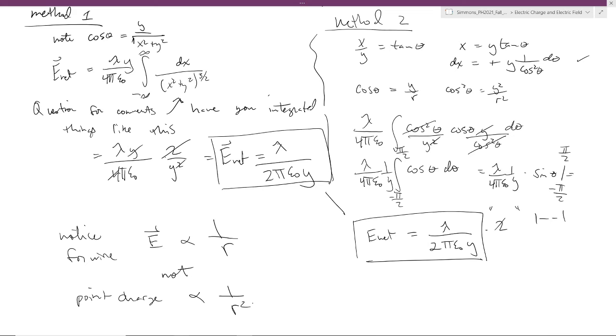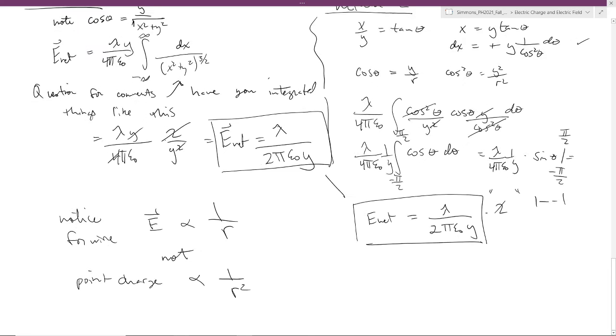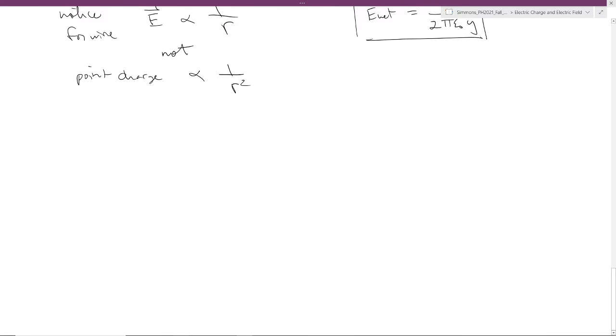Let's extend this. Rather than a wire, what could we look at? We extended from a point to a 1-dimensional wire. Let's extend that wire into a plane.